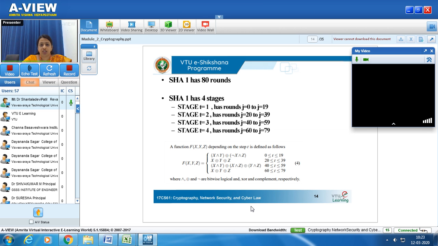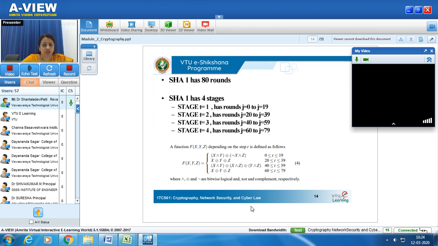Now the question arises, why are we staging these rounds? Why not continue as a single one? Because the function applied for the first 20 rounds is different from the function applied to the subsequent 20 rounds. And the third and fourth stages, all the functions in these 4 stages operate differently.